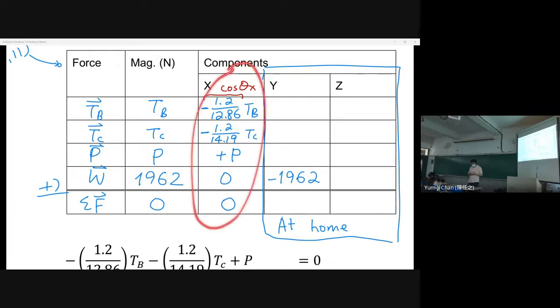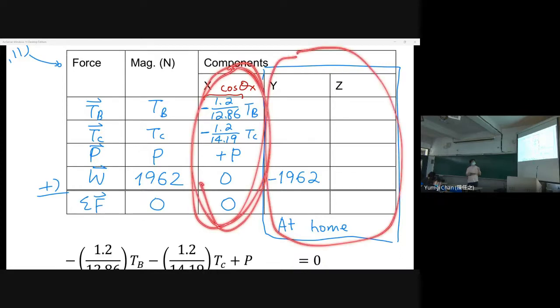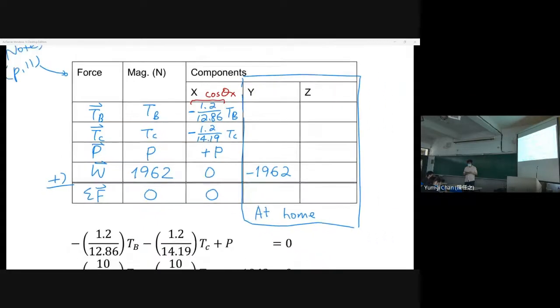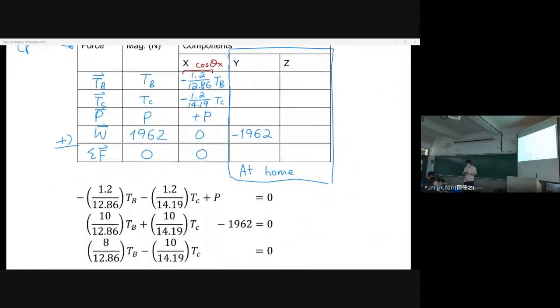And so I've done the x direction for you. When you go home, please do the y and z directions. So we have these 3 equations. When you write these 3 equations, I have a question: do we need to put anything in the front? Yes.